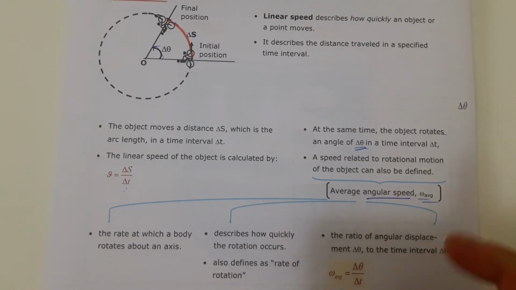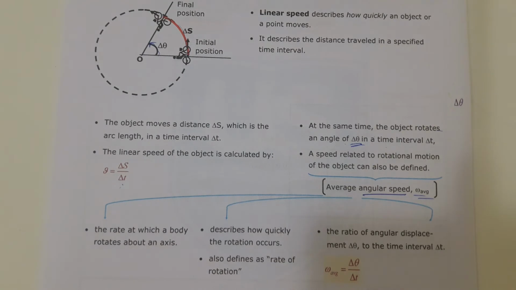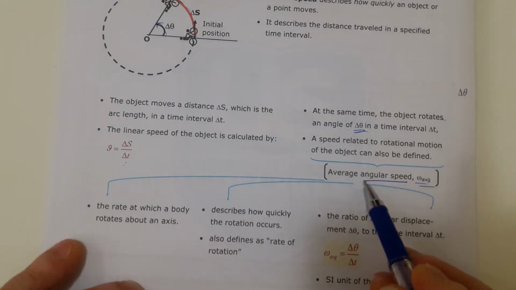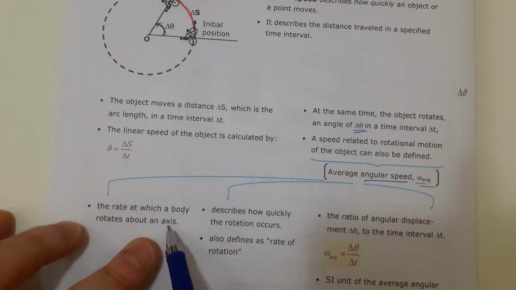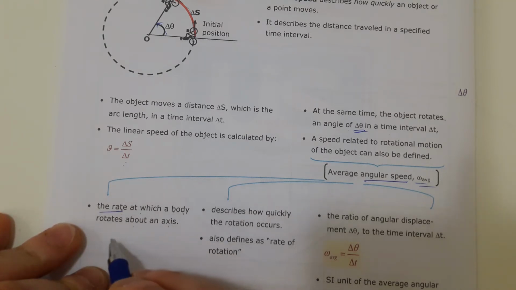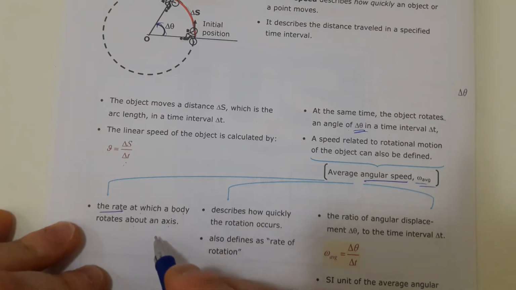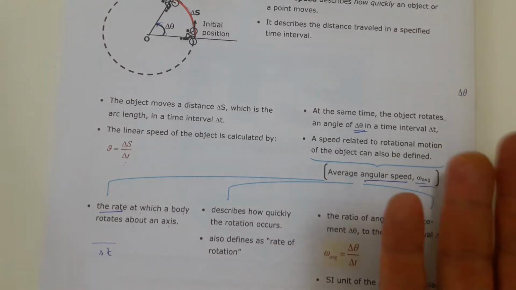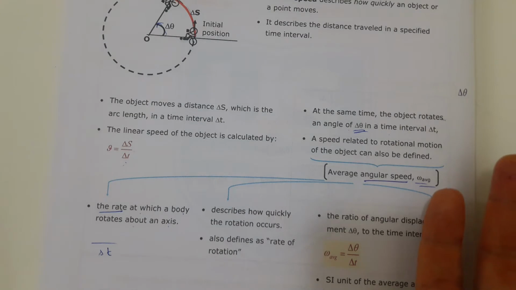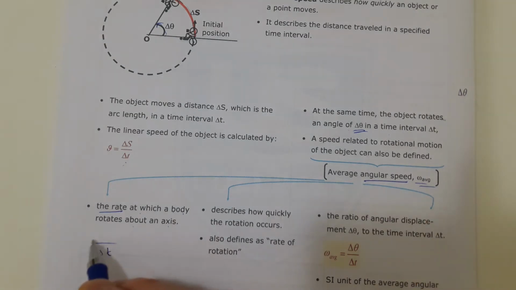omega average. So what is the definition of angular speed? First, average angular speed is the rate at which a body rotates about an axis. When it says rate, you will understand that a physical quantity is divided by time, over delta t. So what is changing here as the object is rotating? Of course, the angle is changing. That's why there's a change in angle, delta theta.